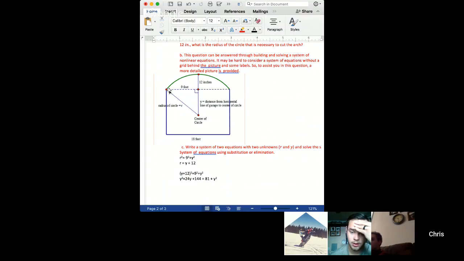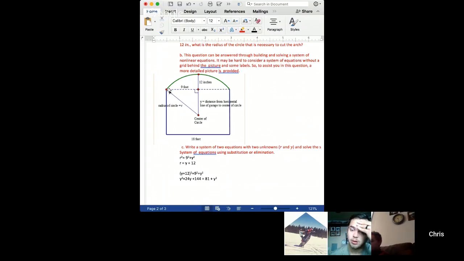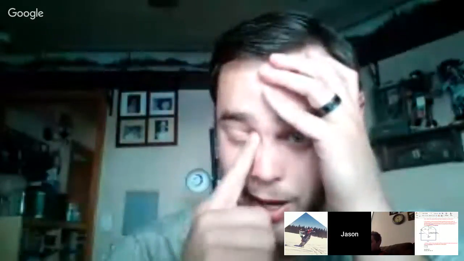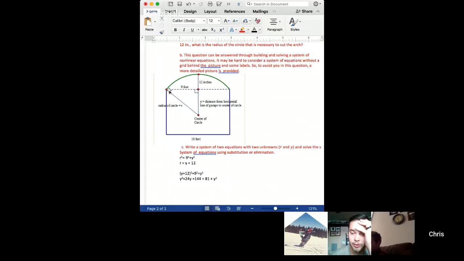But we don't know the circumference of the circle at all, do we? Nope. So that one probably won't work. We could find the area, which is pi r squared, but we don't know the radius. And we don't know the area.